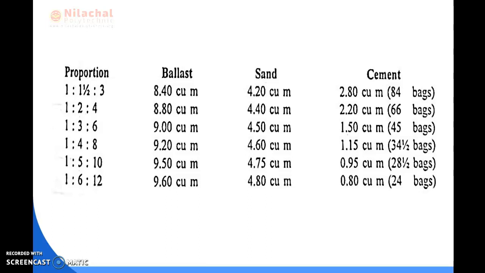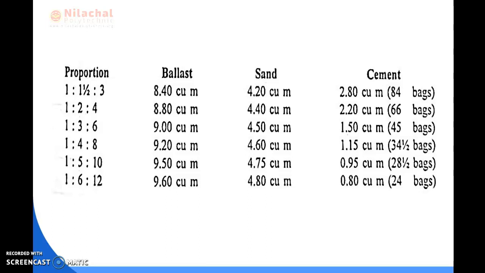So here we already discussed the 1:4:8 ratio. First of all, for any proportion, the dry material quantity we need to consider is 15.2 for 10 cubic, or 1.52 cubic for 1 cubic of cement concrete work.